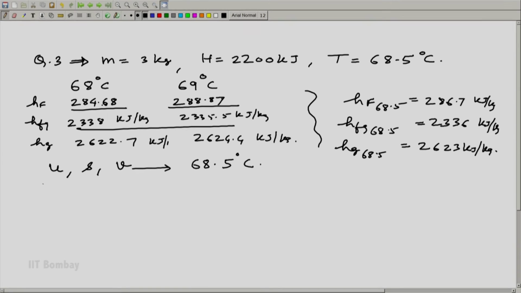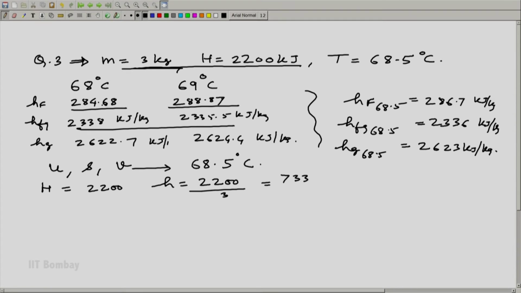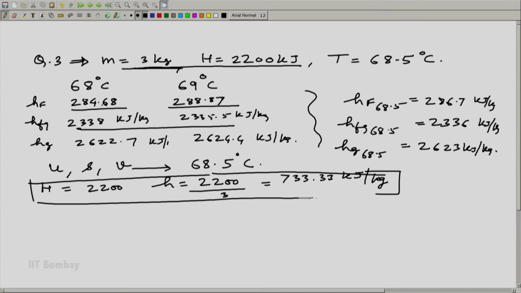Now we know that H is given as 2200, but the values in our case are given for 3 kg. So H is equal to 2200 divided by 3, which is 733.33 kilojoule per kg. It is very important to understand that the given values were not per kg, therefore we have to find the per kg value, which is 733.33.